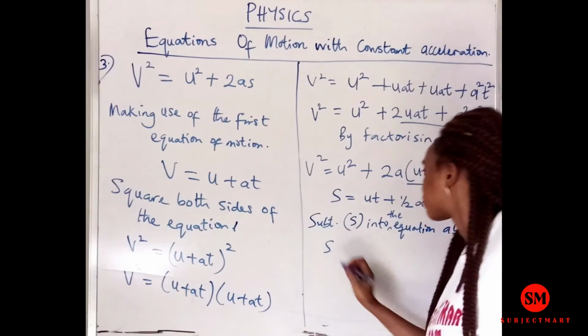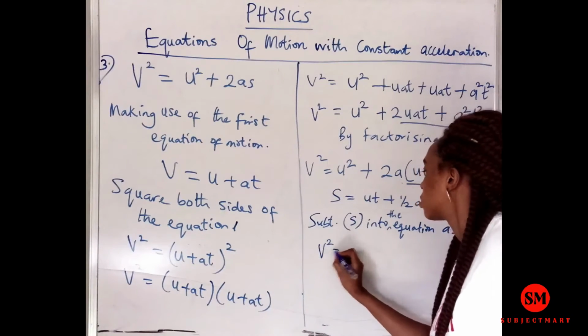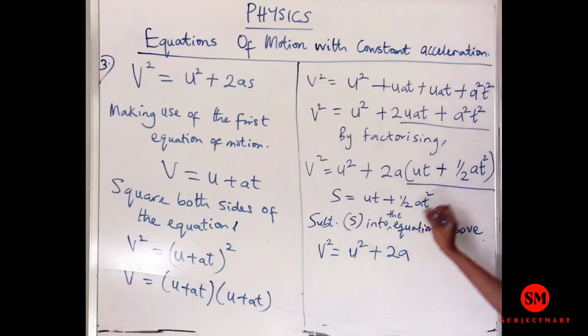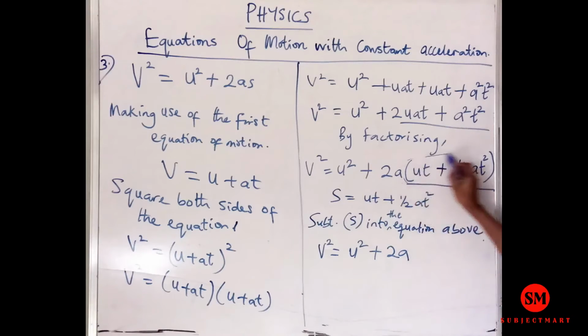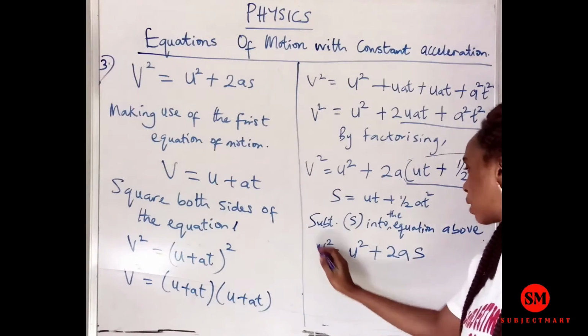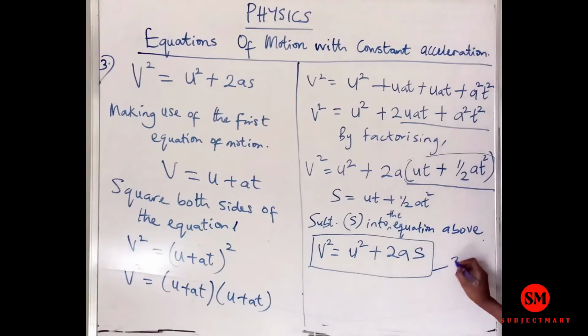So hence, I have v squared is equals to u squared plus 2as. The whole of this becomes my s. And this gives me the third equation of motion. I want to believe that is very, very explanatory.